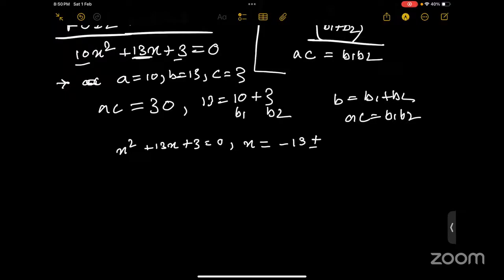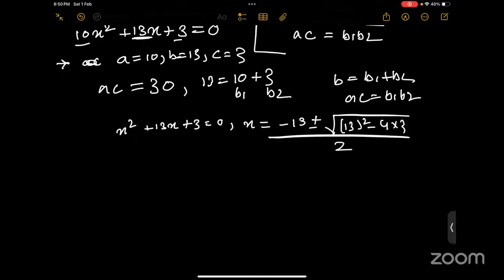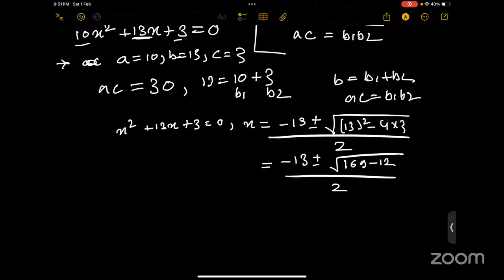So if there is a real root, then we can break it. Okay. So 13 squared minus 4AC, 3 by 2. Okay. In that case, we will get a real root, and then 169, right? Minus 12. So what is the value after simplifying it?